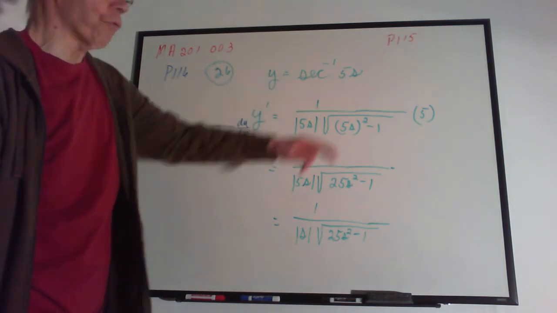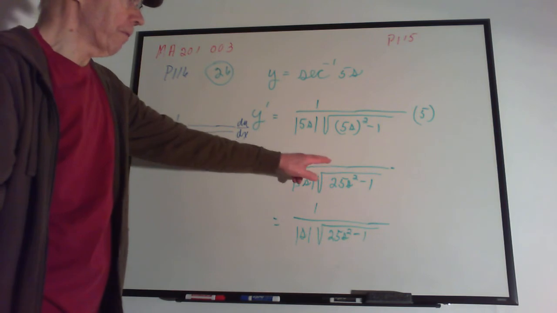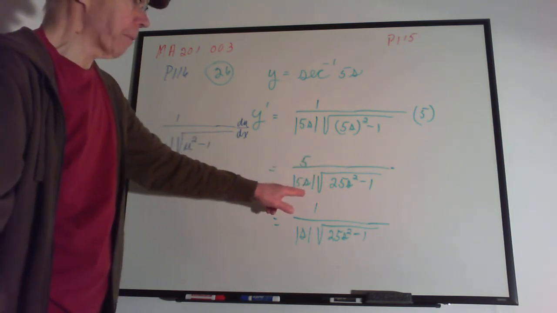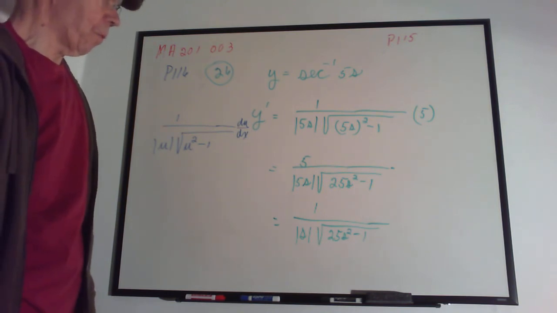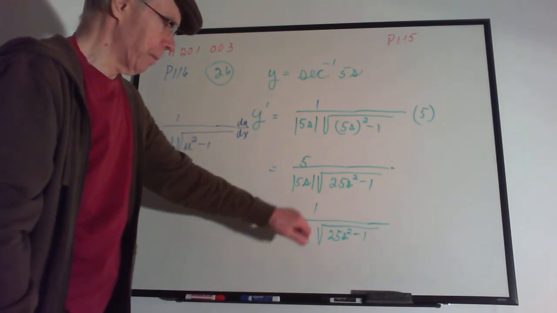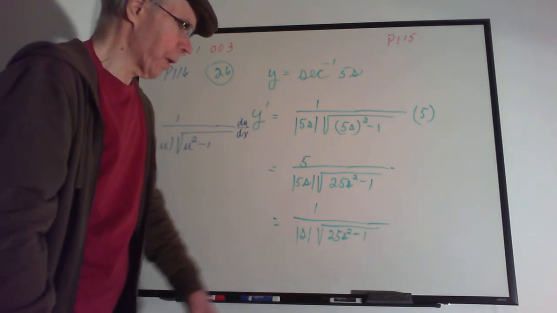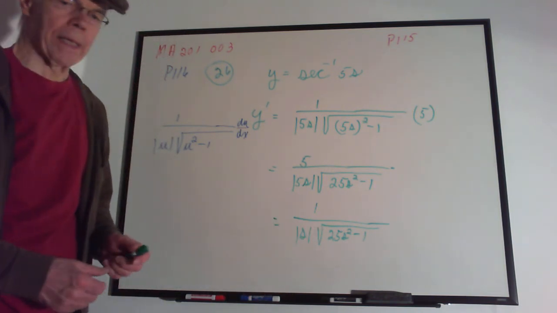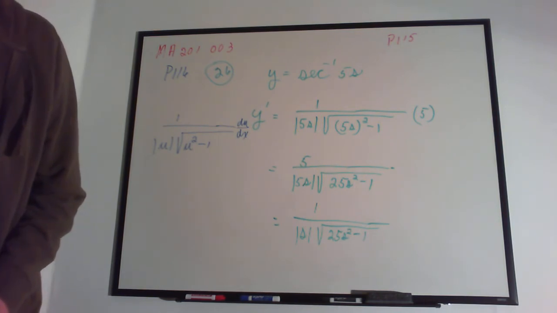And I have to take the derivative of 5s, which is 5. So it's going to be 5 over the absolute value of 5s, square root of 25s squared minus 1, which is going to give me 1 over the absolute value of s, square root of 25s squared minus 1. If you didn't get it right, try it over.